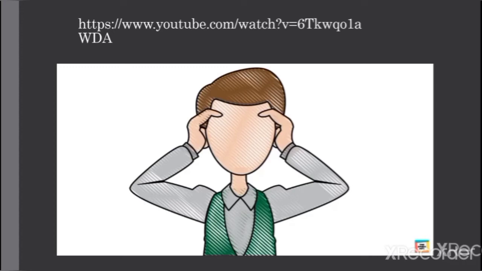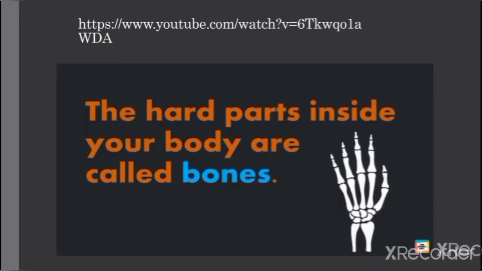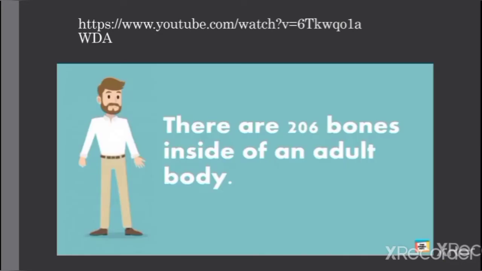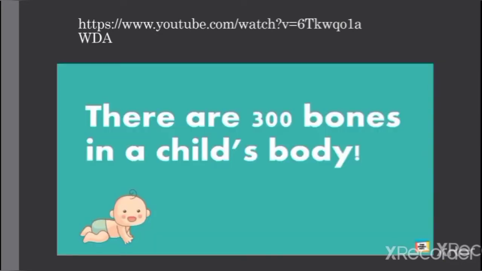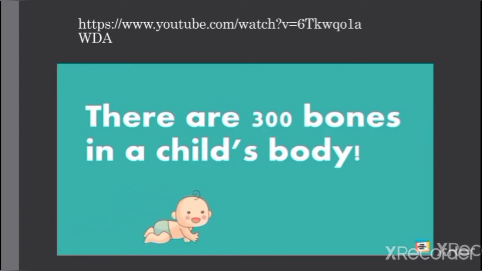Touch your forehead. What do you feel? Can you feel something hard? The hard parts inside your body are called bones. There are 206 bones inside of an adult body. There are 300 bones in a child's body.